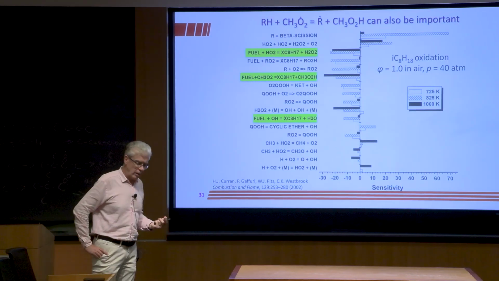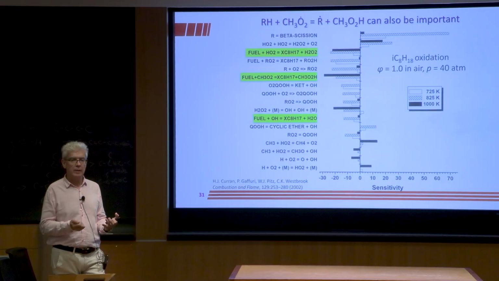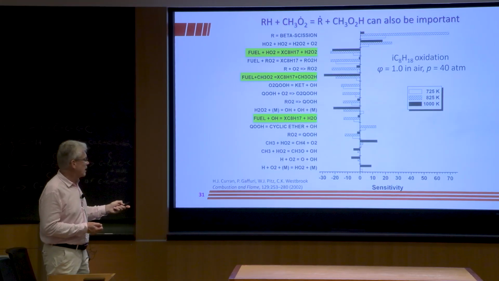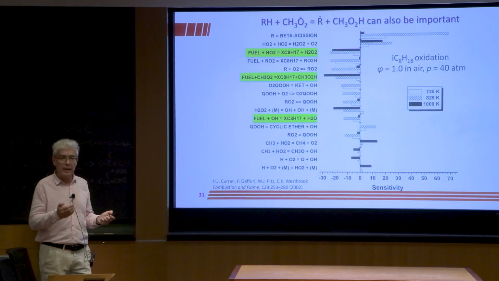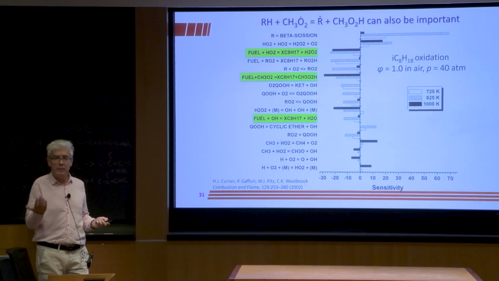So why is it important here for isooctane? Isooctane can undergo beta scission starting at about 825 Kelvin. Now, it's not very much because most of the alkyl radical will add to O2, but a little bit will undergo beta scission.